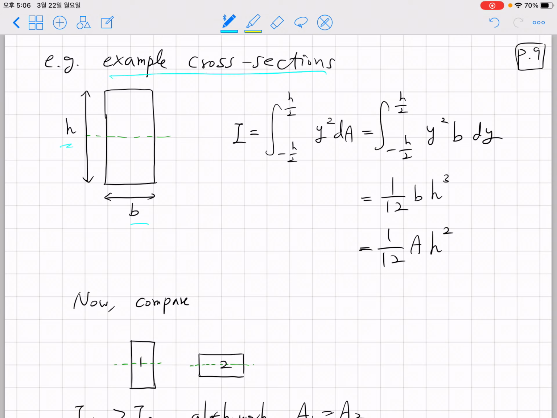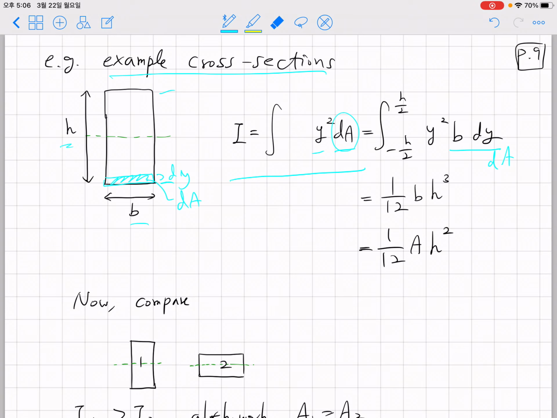If we obtain the area moment of inertia I for the entire cross section, we have to do the integral of y squared dA from negative h over 2 to positive h over 2, and here dA can be written as b times dy.